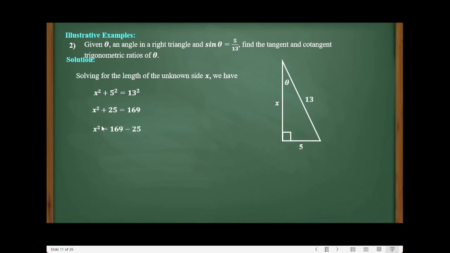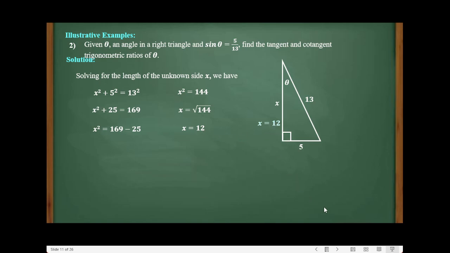Isolating x squared on the left side, the right side becomes 169 minus 25. And the result on the right side is 144. Then take the square root of both sides to find the value of x. Therefore, your x is the square root of 144, which is 12. So, this vertical leg has a length of 12.